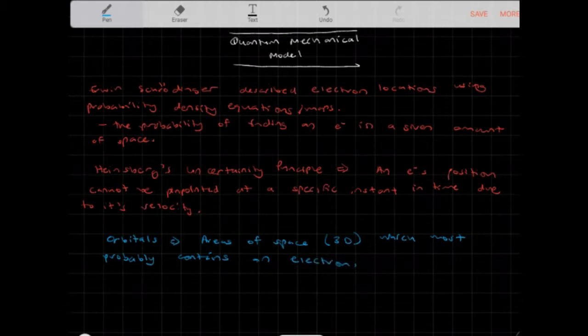An orbital is any region of space where you would most likely find an electron, and orbitals can include up to a maximum of 2 electrons. So you can find up to 2 electrons in each orbital. There are different types of orbitals, and an orbital is, once again, a mathematical equation. It's a probability density map, right? There are different shapes of orbitals, but each orbital can only hold a maximum of 2 electrons.